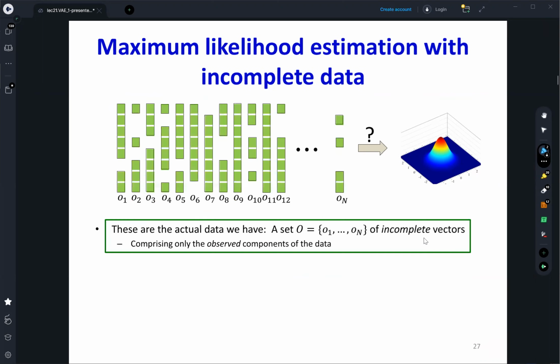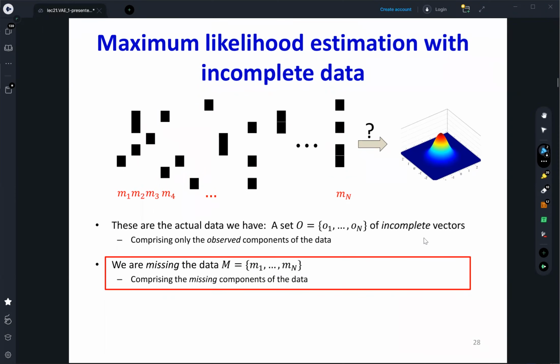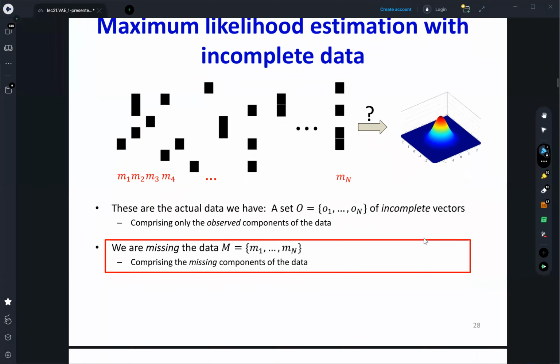But then if you look at what you have observed, these green components are all the data that you have observed. These are incomplete vectors, and all of these blacked components are missing.